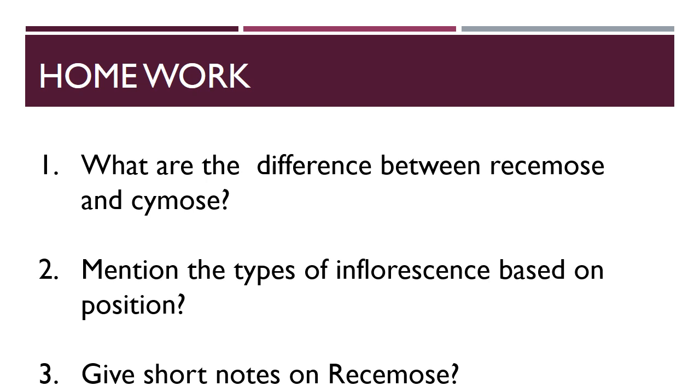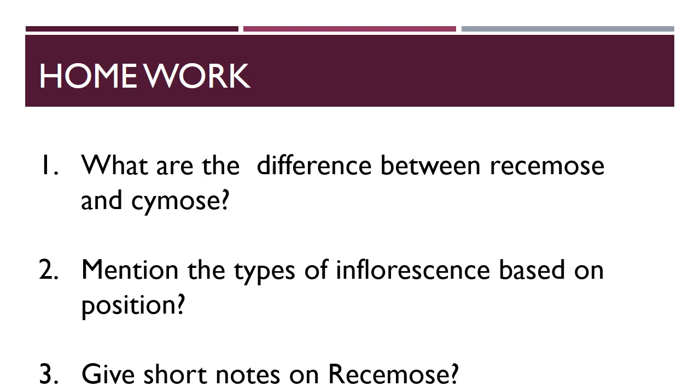First, the types based on position: terminal, axillary, cauliflorous. Then based on branching pattern and other characteristics: the first is indeterminate, second is determinate, third is mixed inflorescence, and fourth is special inflorescence. In this class we only learn racemose in detail.